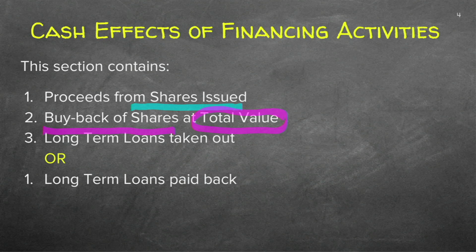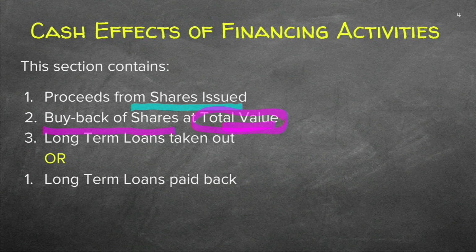If we go back to the earlier stages of this module, you will remember that shares are bought back at average price or at above average price. And so here we are going to have average plus above average price, which will give me my total value of the buying back of shares.